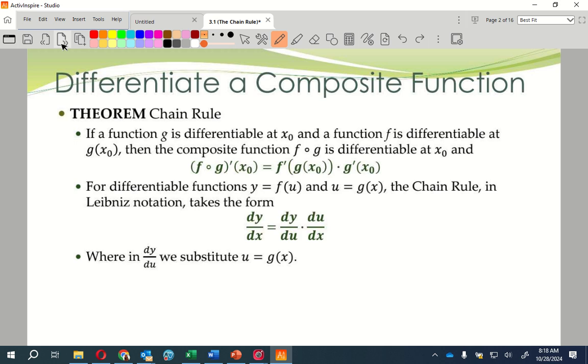And for differentiable functions, y equals f of u, and u is equal to g of x. The chain rule in Leibniz notation looks like this. The derivative of the whole thing is the derivative of y in terms of u times the derivative of u in terms of x.